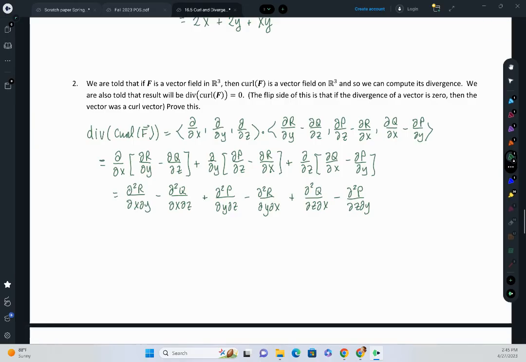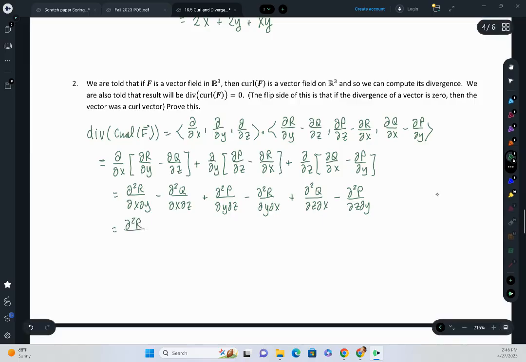Okay, I am going to gather some like terms. I'm going to put the del squared r's together, the del squared p's together, and the del squared q's together and see what I observe. So just reorganizing now.